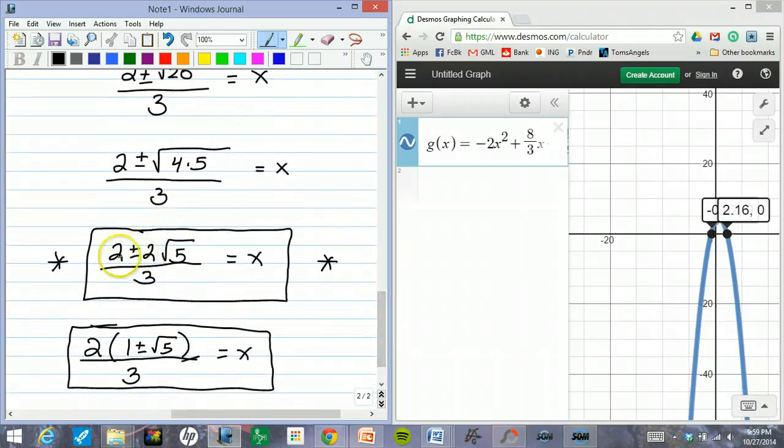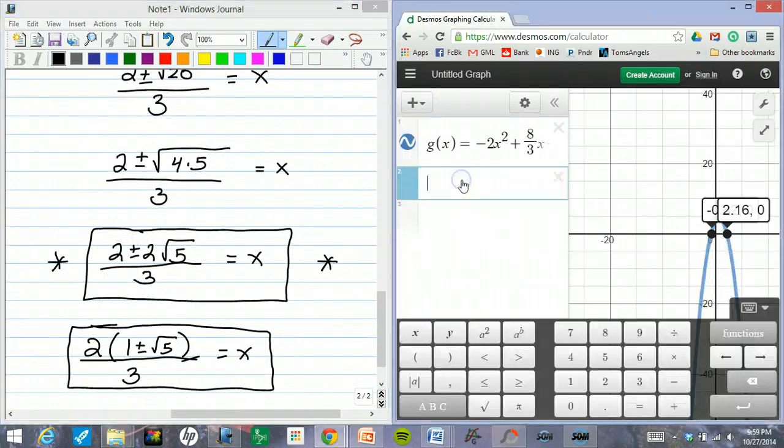And these are the exact zeros right here. So I'm going to use the calculator feature here to approximate them. So I have 2 plus 2 square root 5 divided by 3.